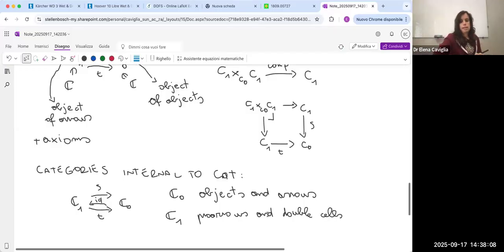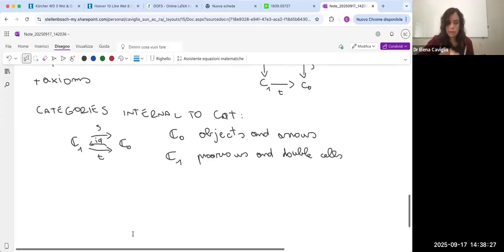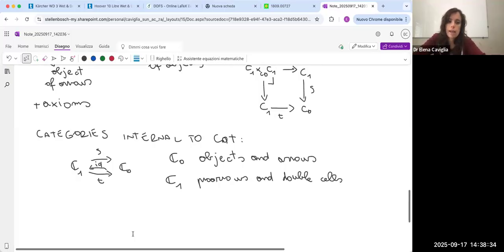So what we are saying is that objects and arrows form a category, and pro arrows and double cells form a category. And we can put these two categories together in a coherent way to get a double category. We will still have our composition, and now our composition is telling us how to compose arrows in C1. So this means that it's telling us how to compose double cells, right?